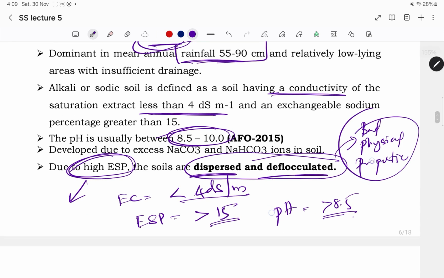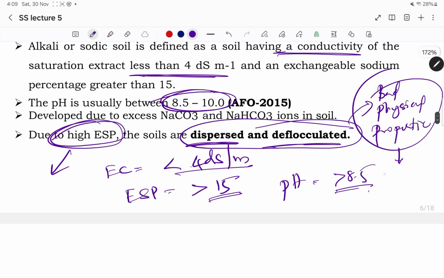Bad physical properties in the sense there are few aggregates and low percolation. Low percolation affects the root growth, and ultimately the productivity of the crop.